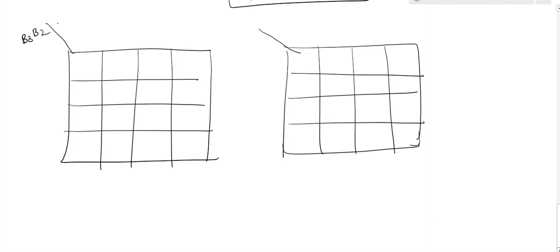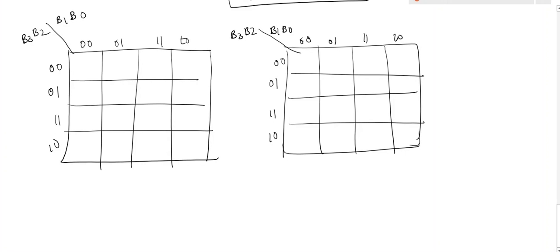B3, B2, B1, B0, 0, 0, 0, 1, 1, 0, 1, 1 along each axis. This is the E2 and this K map is for E3.